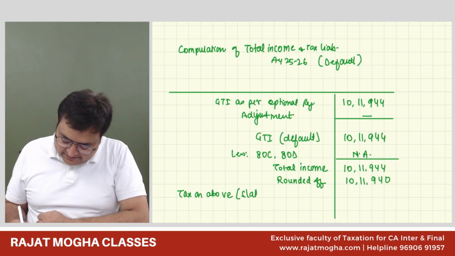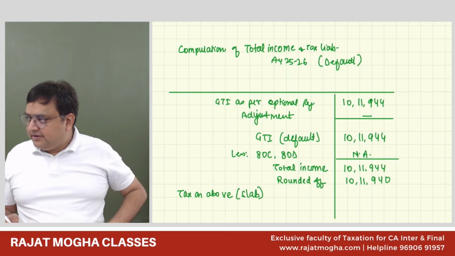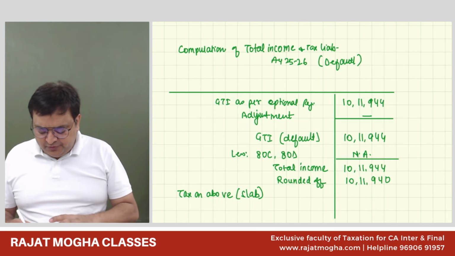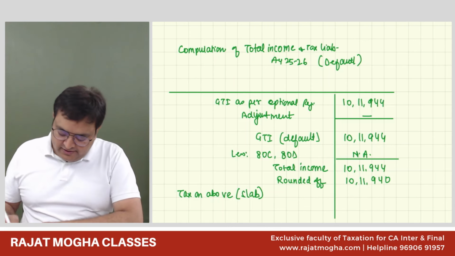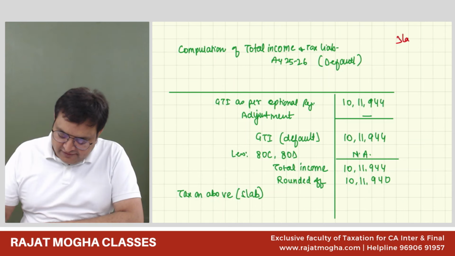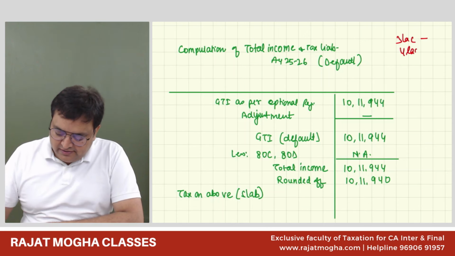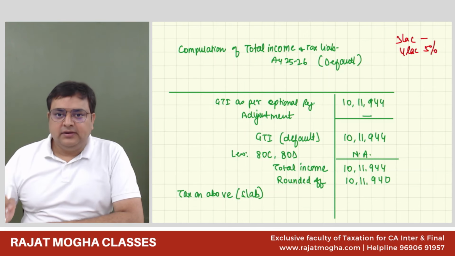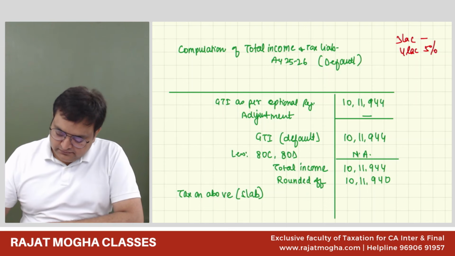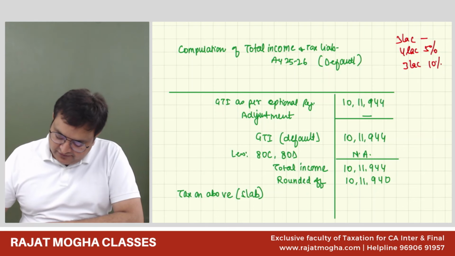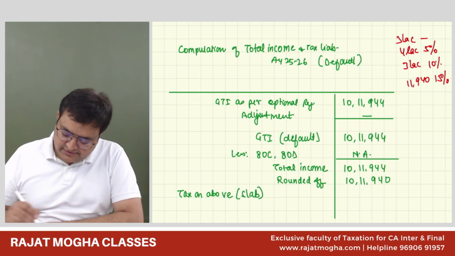There is no special income, so you can calculate as per slab rate. No need to show it to the examiner. You can calculate it. Just show tax on the above at slab rate, and calculate: first 3 lakh we don't have tax, 0 to 3, then 3 to 7, 4 lakh at 5%, then 7 to 10, 3 lakh at 10%, and then 10 to 12, so it would be 11,940 at 15%.